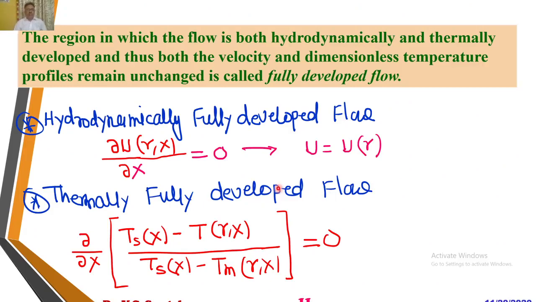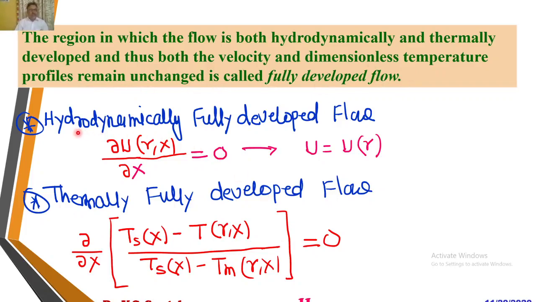So from this discussion, we can say the region in which the flow is both hydrodynamically and thermally developed, and thus both the velocity and the dimensionless temperature profile (Ts minus T) over (Ts minus Tm) remain unchanged, is called fully developed flow.